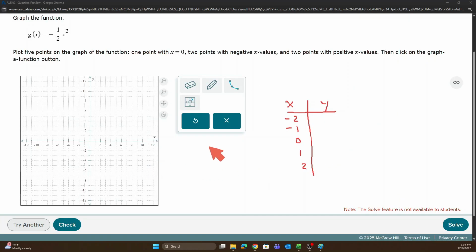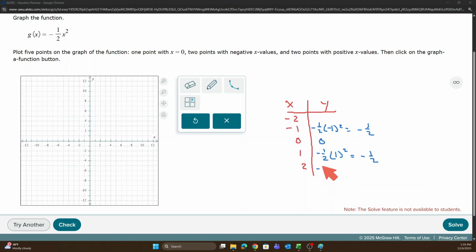All right, so now let's go ahead and look at this one. We have g of x is -1/2 x squared. We're going to start with the same thing. So when we have 0, that's still going to be 0. At 1, we're going to have -1/2 times 1 squared, which equals just -1/2. Similarly, up here we'll have -1/2 times -1 squared, which gives us -1/2.